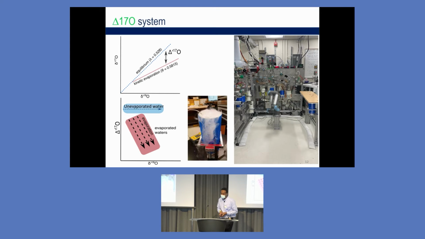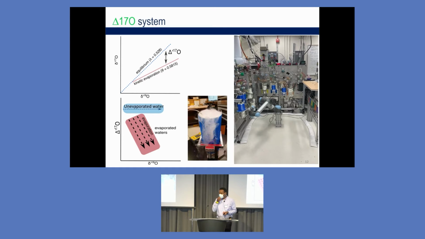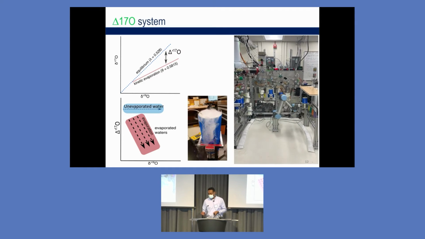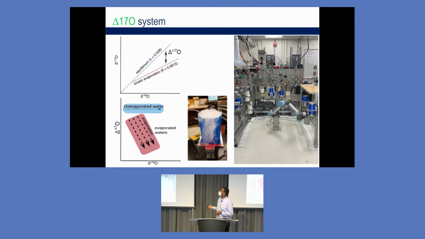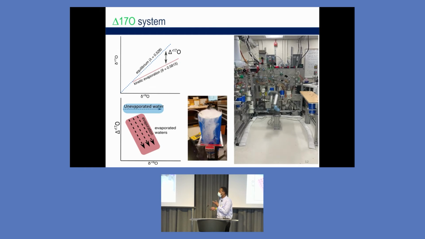So we had to use some robots to help us in the lab, and we can trace the evaporation along the trend. So what we do is we plot it along the excess value, the deviation from the unevaporated water. That will be represented by this line. The evaporation will fall on this line.